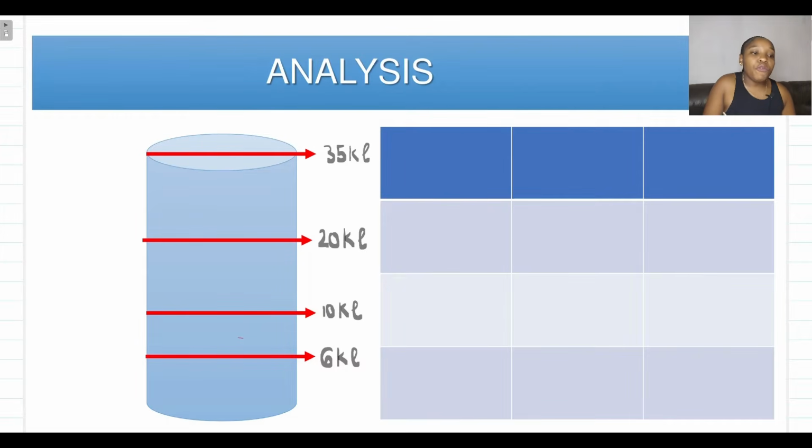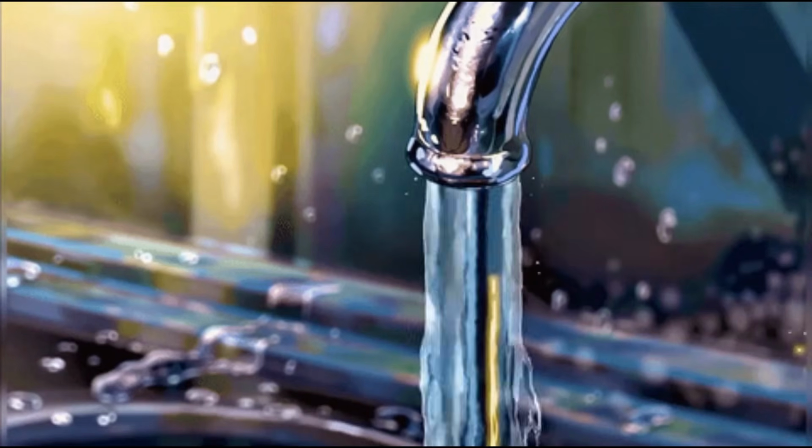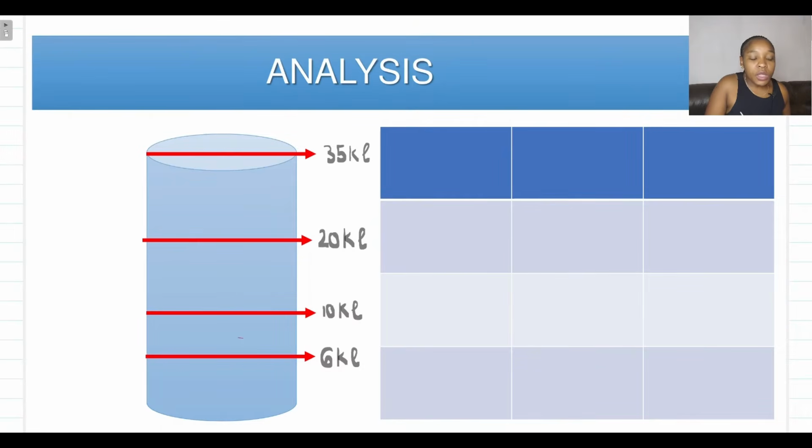But then if we start adding water into this JoJo tank, and it fills up to that first line where I've indicated 6 kiloliters, do you agree that now we would have 6 kiloliters of water in this JoJo tank?